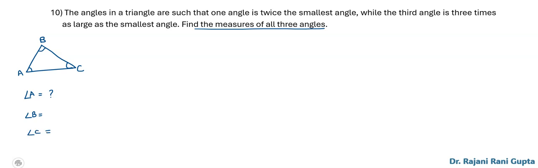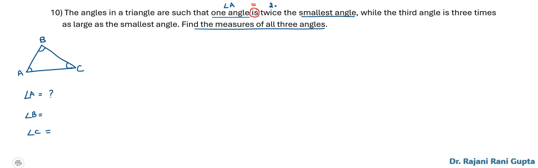Okay, now let's read what is given. The angles in a triangle are such that one angle, so let's say angle A, is, means equal, twice, twice means to multiply, 2 times the smallest angle.